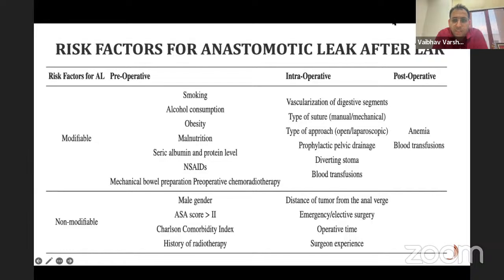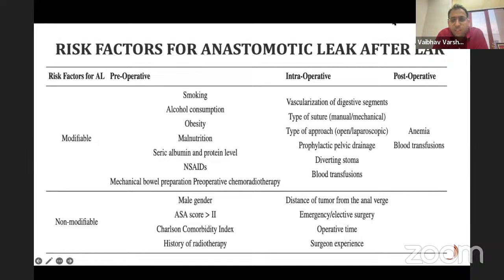Laparoscopy has an edge over the open approach in prevention of anastomotic leakage. Prophylactic pelvic drain: some say that a drain creates a fluid collection that can act as a medium for bacteria to grow and cause anastomotic dehiscence. Putting a pelvic drain is sometimes useful, but the evidence is still debatable.